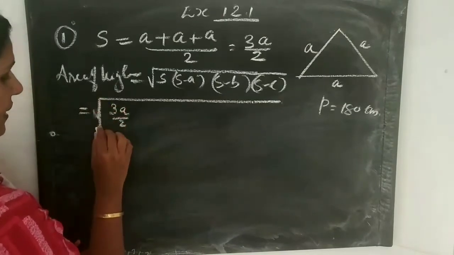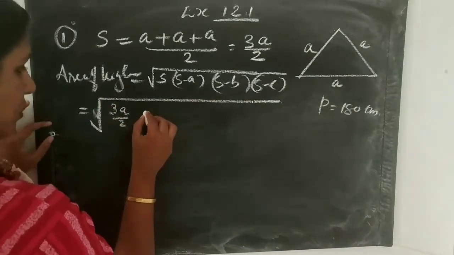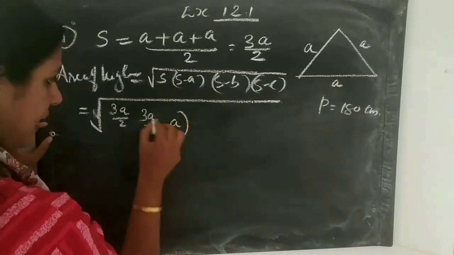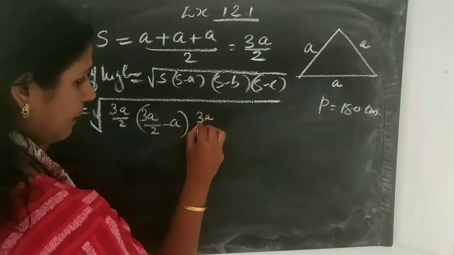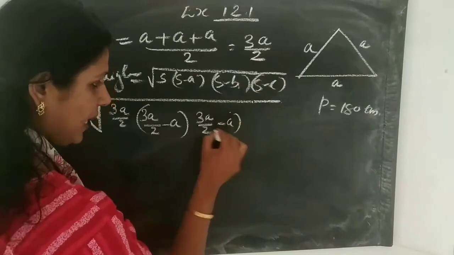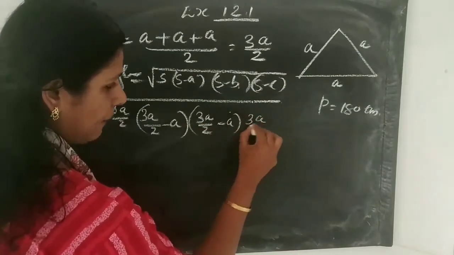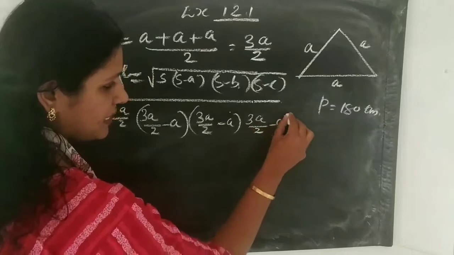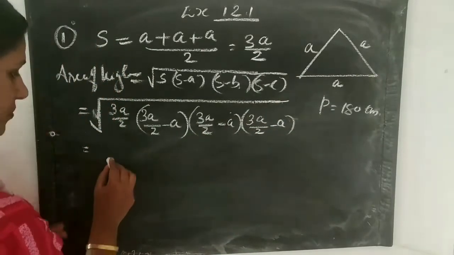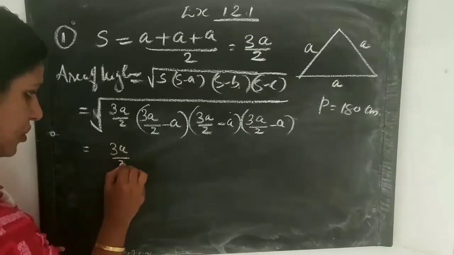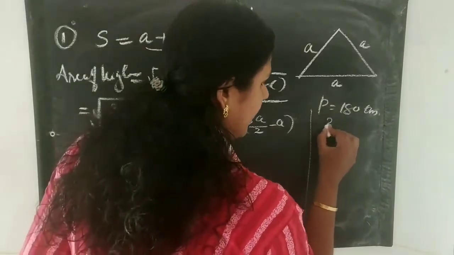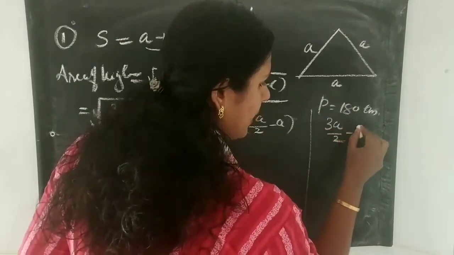This is 3a by 2 into 3a by 2 minus a, 3a by 2 minus b, and b is also a, then 3a by 2 minus c, and c is also a. So here we get 3a by 2 and 3a by 2 minus a.